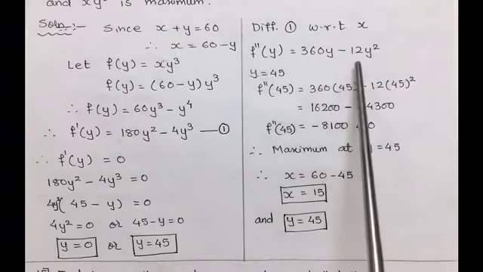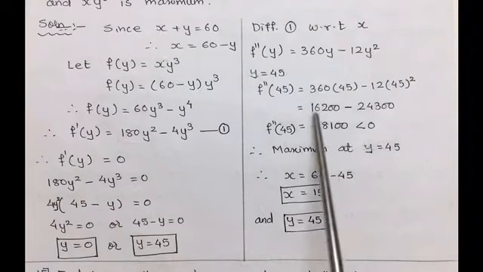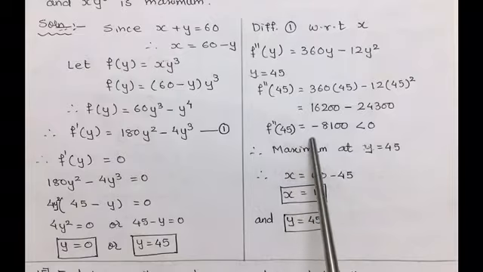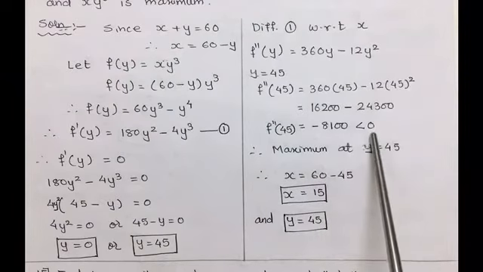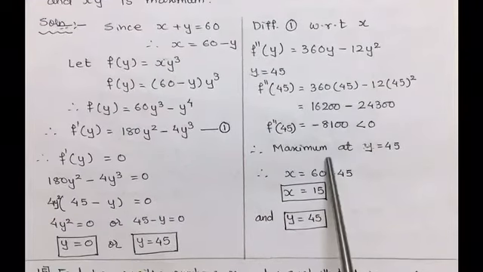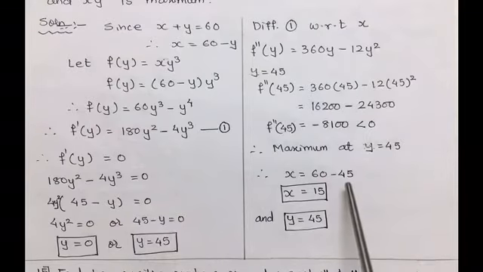Keeping y as 45 in this second derivative and calculating, we get f double dash 45 is equal to minus 8100, which is less than 0 as it is negative. So it becomes maximum at y equal to 45.